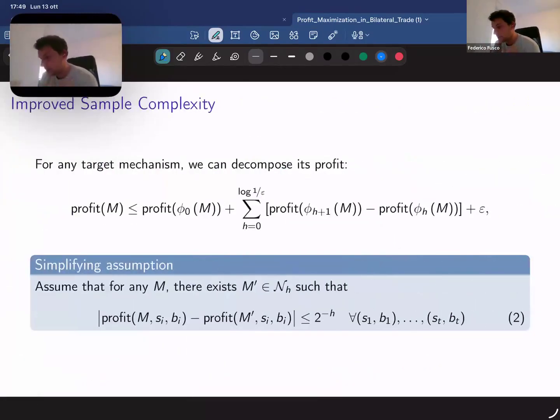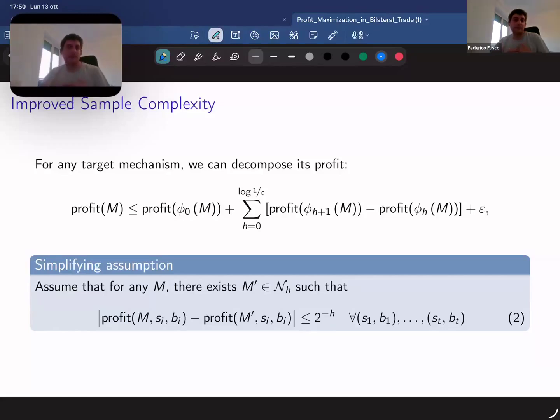So in particular, for any target mechanism M, we can decompose its profit as follows. We just use a telescopic argument. So we have the profit of the first element of the sequence plus the profit of the first minus the profit of the zeroth plus the profit of the second minus the profit of the first, and so on and so forth, up to a certain precision epsilon. So after log 1 over epsilon steps.